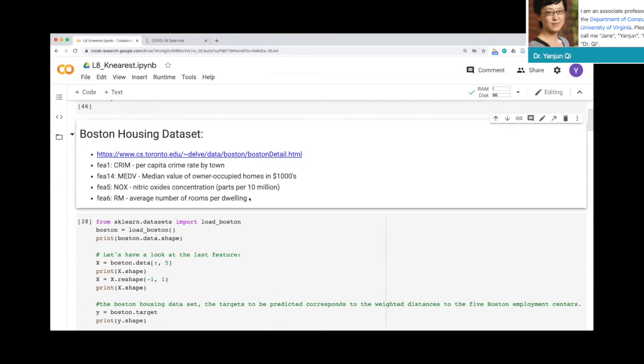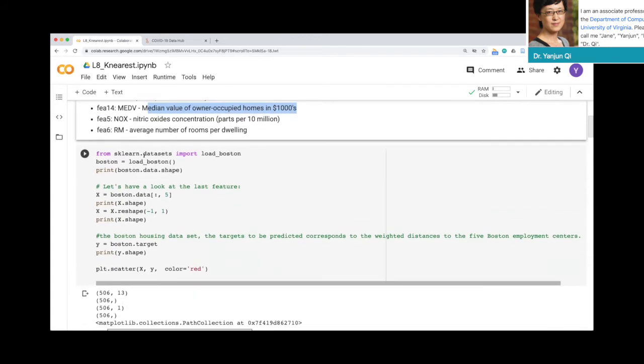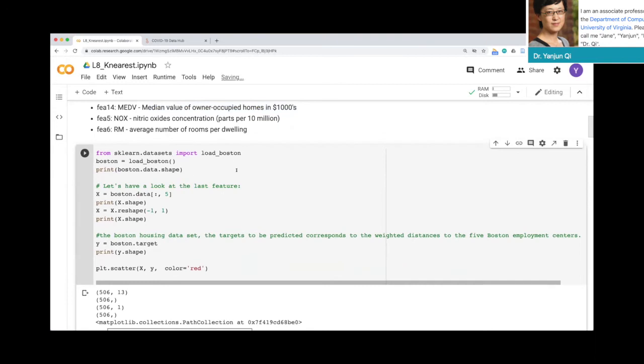This time I'm using the Boston housing dataset, and what we're predicting is feature 14, the mean value of owner-occupied homes. You're just predicting the house price. It's scikit-learn data, so it's very easy, just one command to load it.